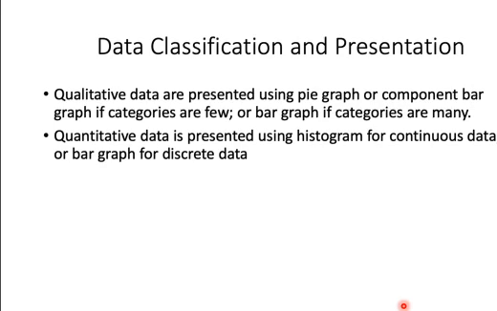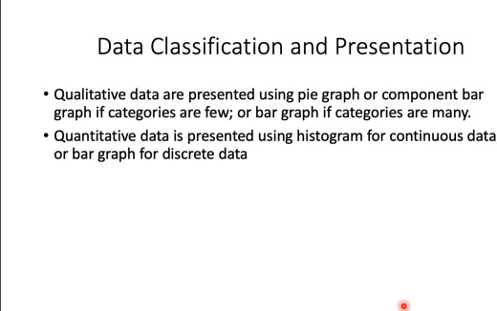Now, quantitative data are presented using the histogram if data are continuous, and we can also use the bar if data are discrete. So a bar graph is something that we have spaces between bars.